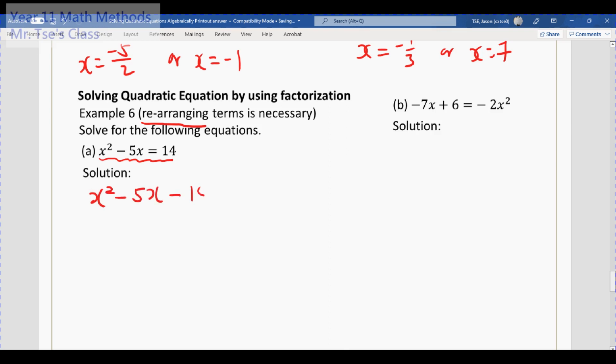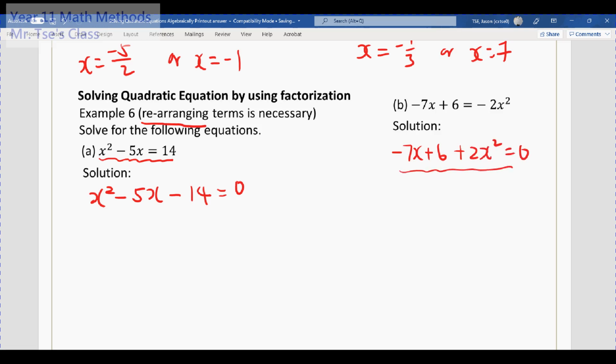put that 14 to the left to make it like 3 terms on the left hand side, starting with x squared, and then the x term and the constant. How about that one? For that one, you need to put that minus 2x squared to the left hand side.